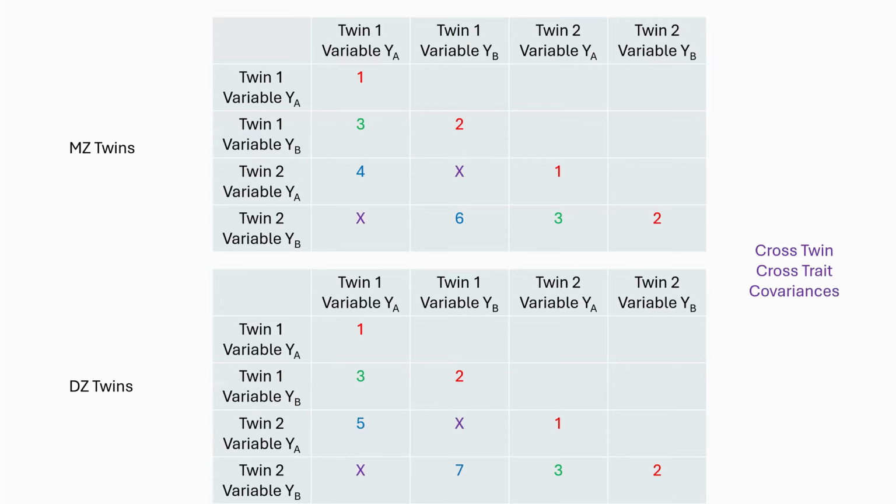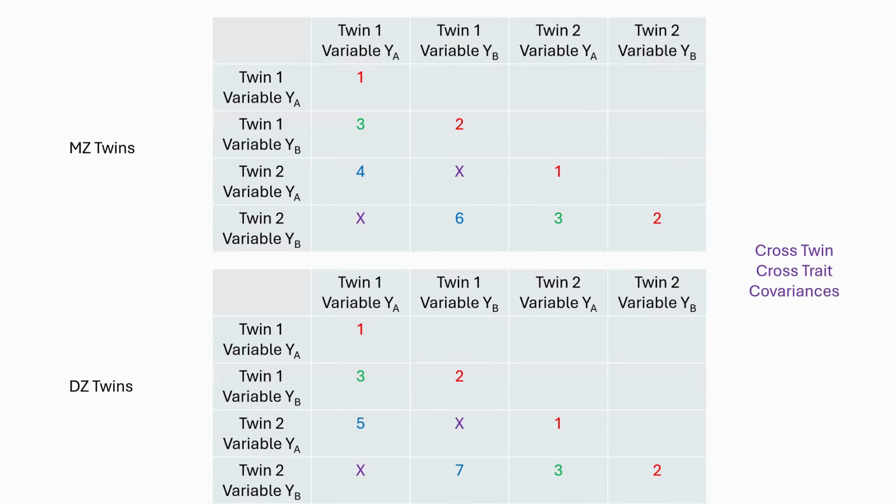Finally, we have the cross-twin, cross-trait covariances. The cross-twin, cross-trait covariance is the covariance between twin 1 variable YA and twin 2 variable YB, or equivalently, between twin 1 variable YB and twin 2 variable YA.